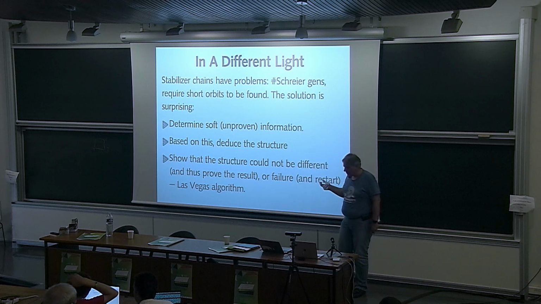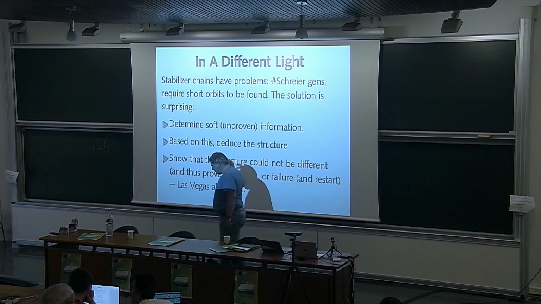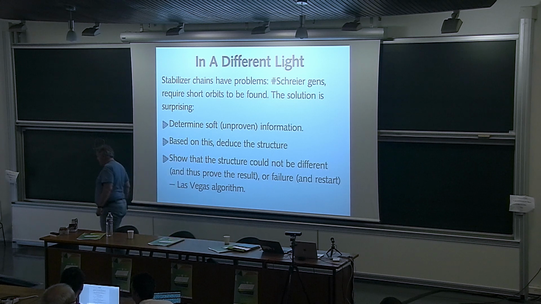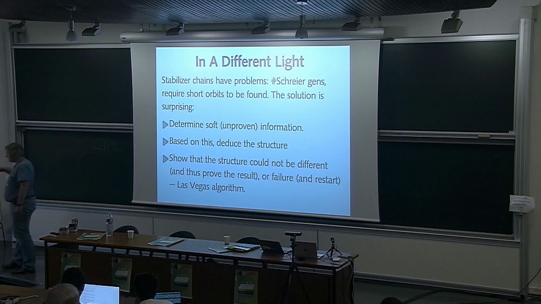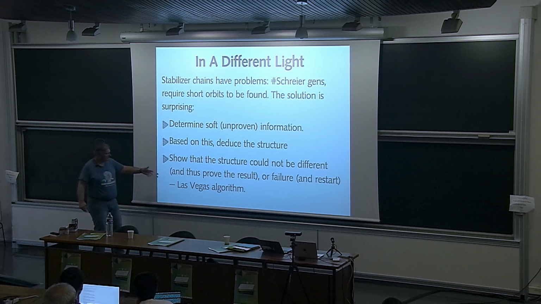And such an algorithm that does some random things and in the end verifies that the random things indeed gave the correct result, or it says, oh, there was a mistake, start again. That is called a Las Vegas algorithm.